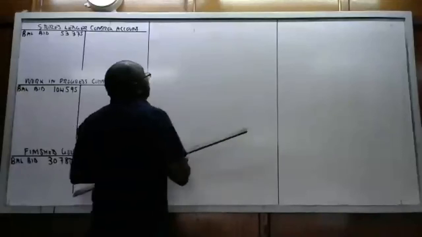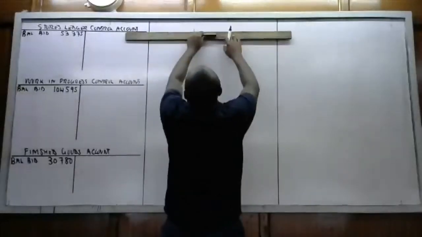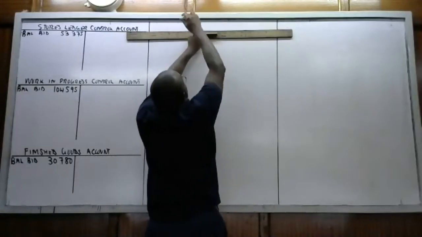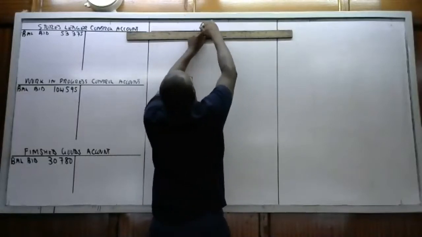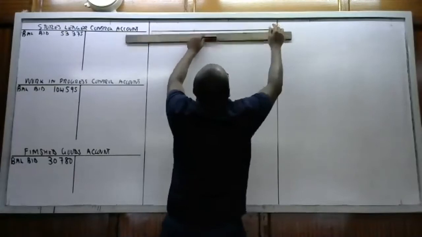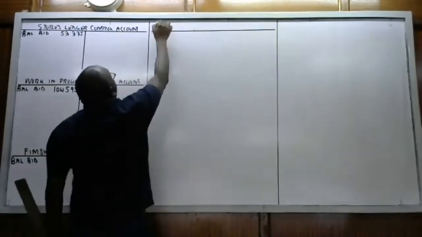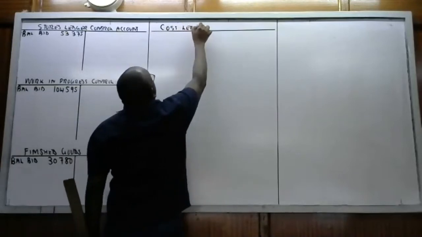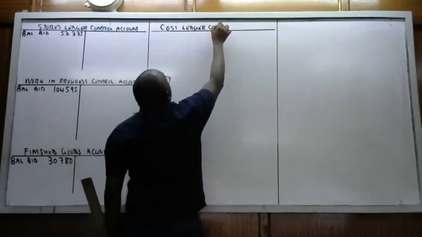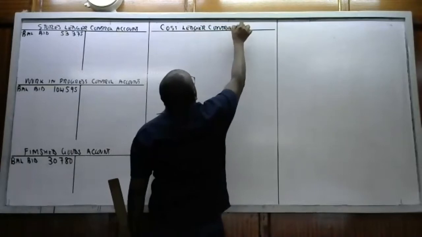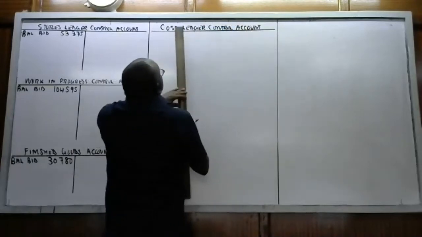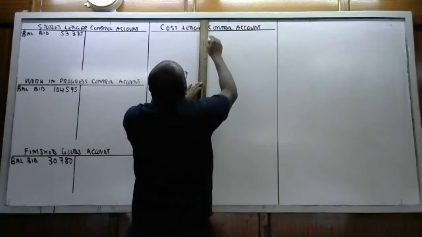Next one is cost ledger control account. This one is the financial ledger.